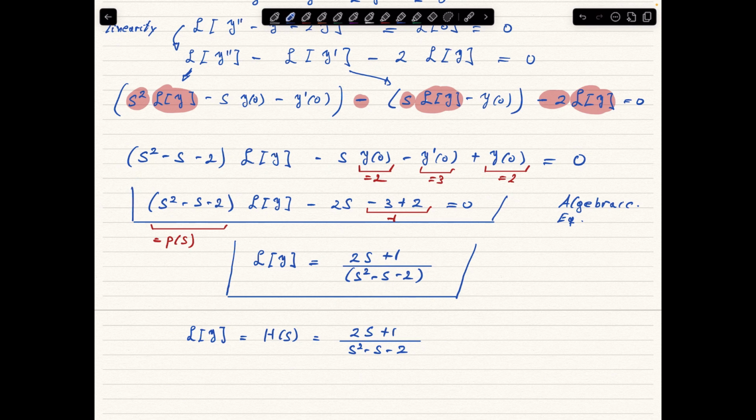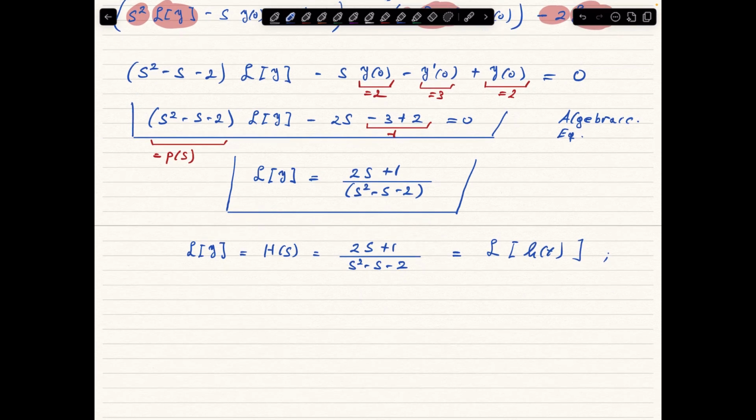And the idea now is, let's try to write this right hand side as the Laplace transform of some function h of t. If we do that, then that is our solution. Then the solution we're looking for is that function h of t. But how do we do that?